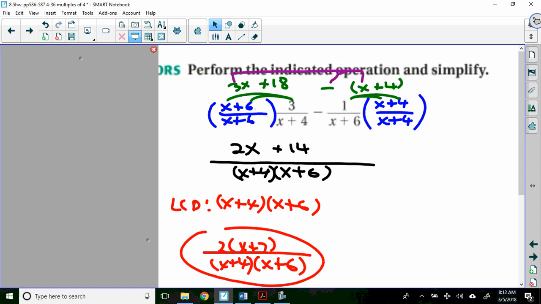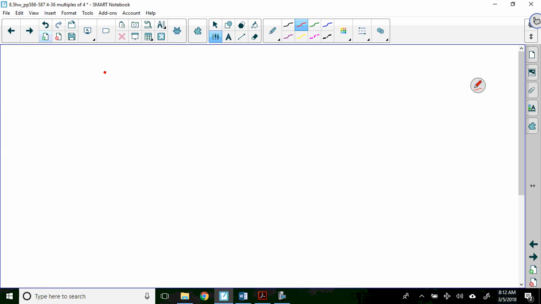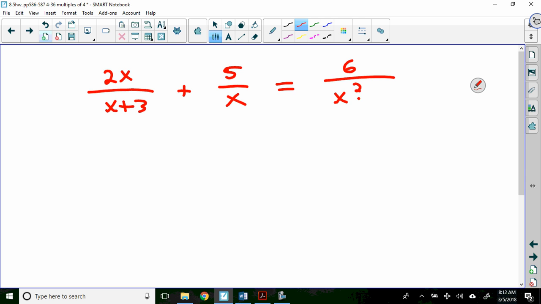Did we kind of get a feel for what's going on with adding and subtracting to get like denominators? You know why we're doing that? When we get into the next section, here's a sneak peek into the future. In the next section, we're going to have something like 2x over x plus 3 plus 5 over x equals 6 over x squared minus 9, and we're going to be asked to solve.